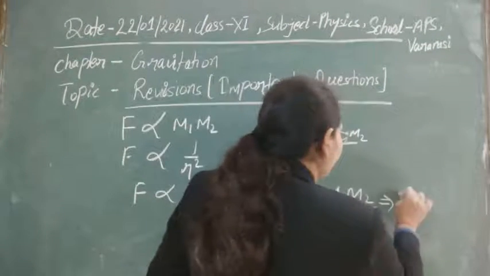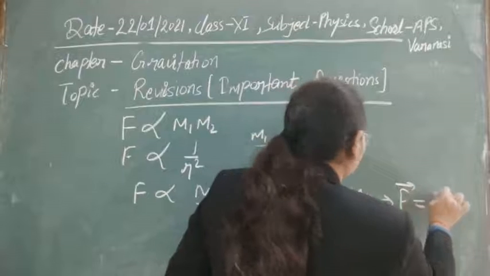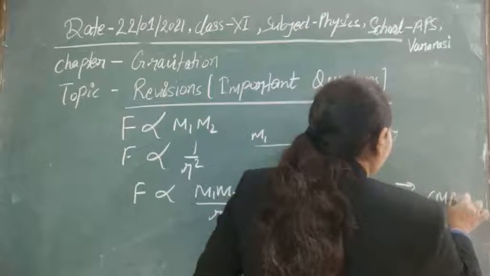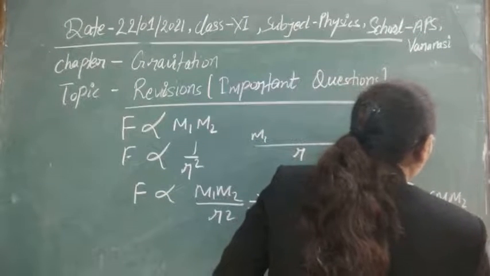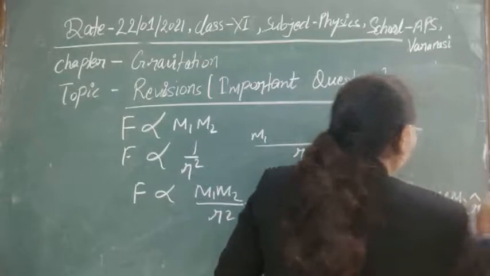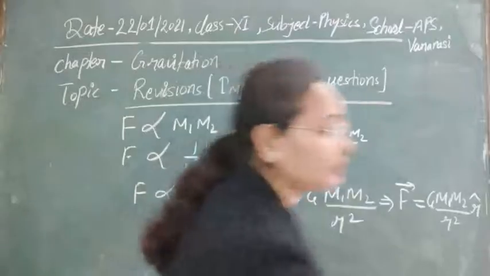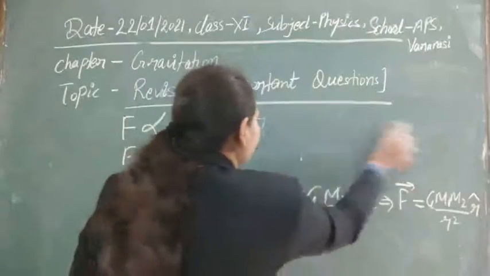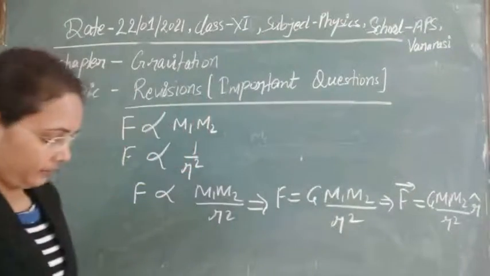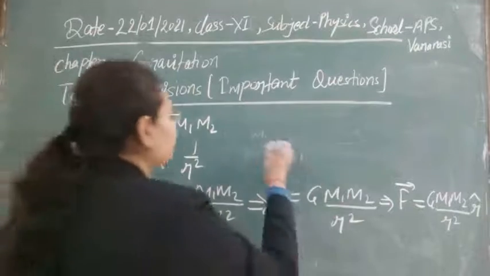the force in vector form can be written as G m1 m2 upon r square into some unit vector, which you can multiply here. And you know that the value of this unit vector you can write in terms of vector r and magnitude of r.